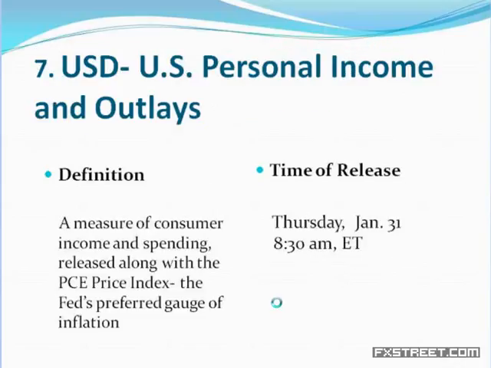But then we'll continue the sequence of U.S. economic data with the personal income and outlays. This is an important report not only because it tracks income and consumer spending here in the U.S., but also because it contains the Fed's preferred measure of inflation.